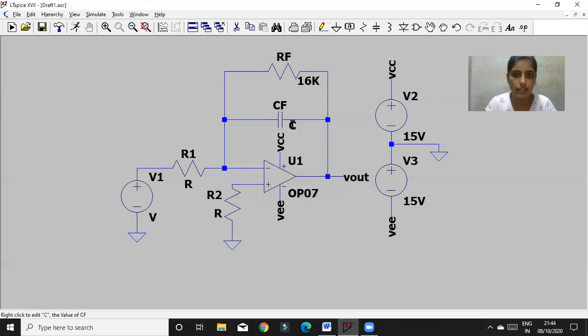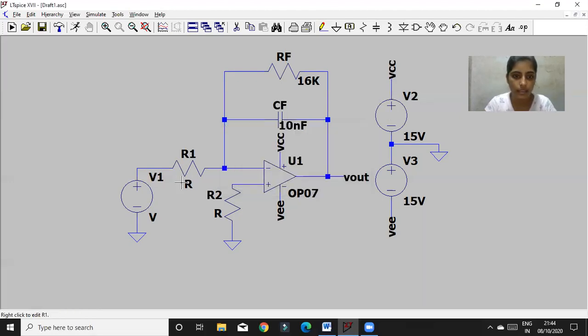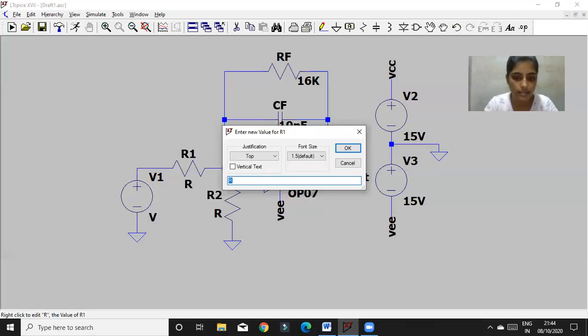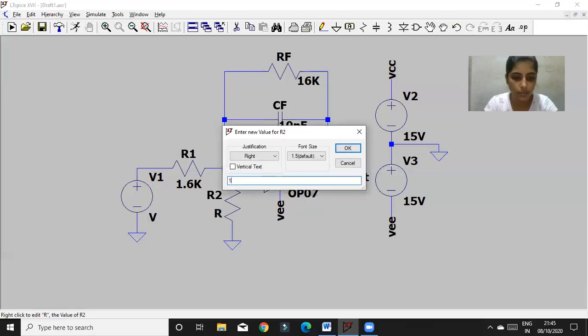My Cf I assumed 10 nanofarad, my R1 is 1.6K, and my R2 is 1.5K.